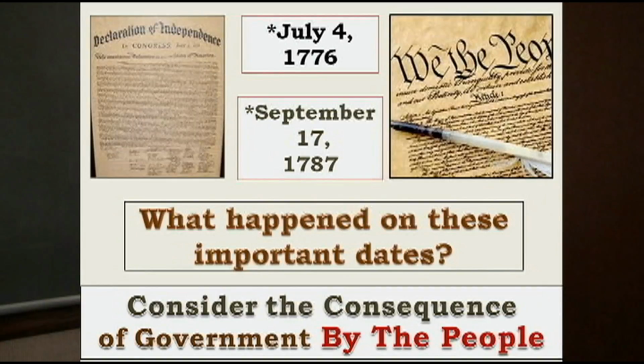All right? So in this lesson, we're going to consider the consequence of government by the people. What had existed in the time of the founders was rule by a ruler's law. And then what the founders created was rule by the people, raising up the individual and making them important. That's where all those inventions came from.